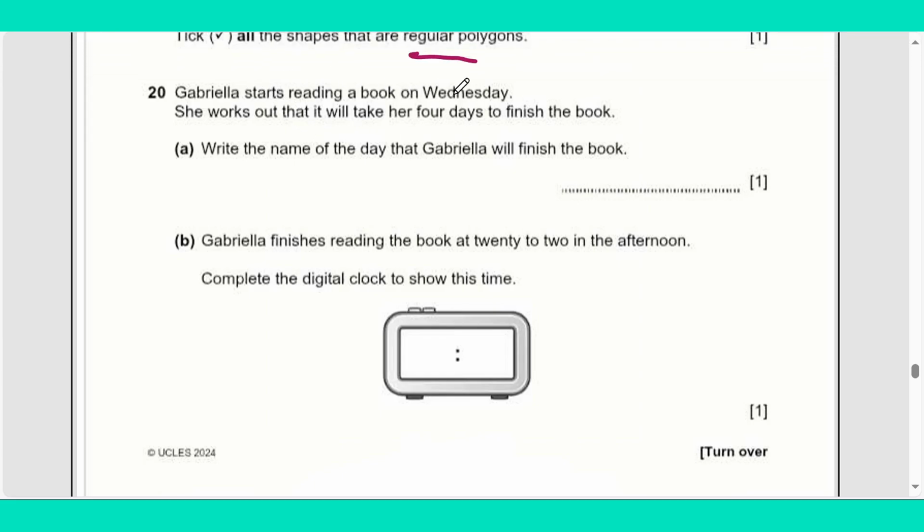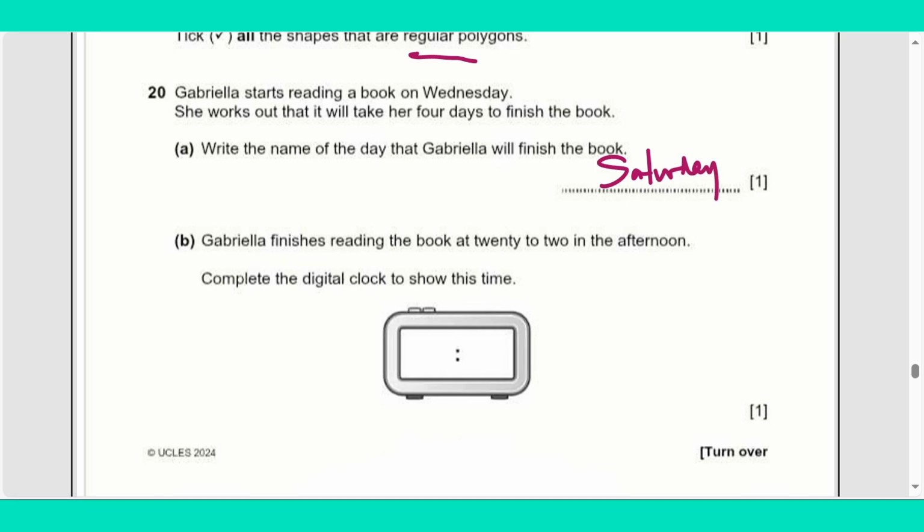Okay guys, number 20. Gabrielle starts reading a book on Wednesday. She works out that it will take her 4 days to finish her book. Write down the name of the day Gabrielle will finish the book. So the answer for this is what day? Saturday.